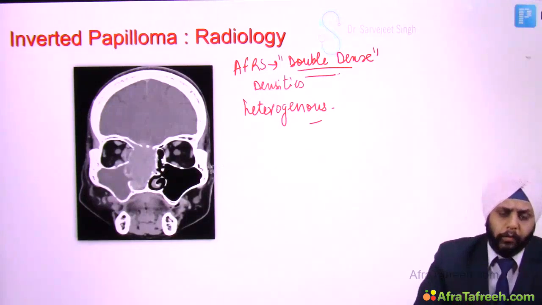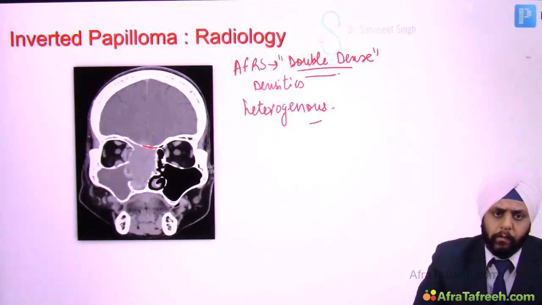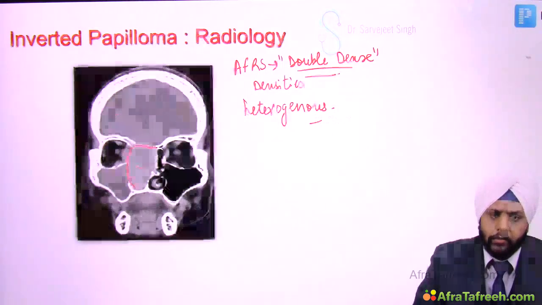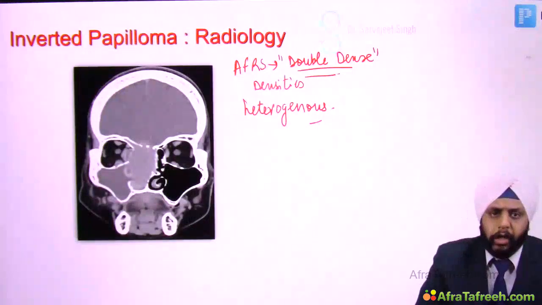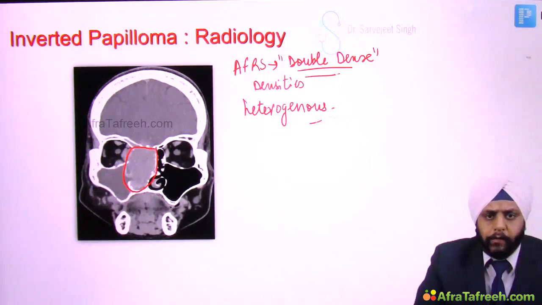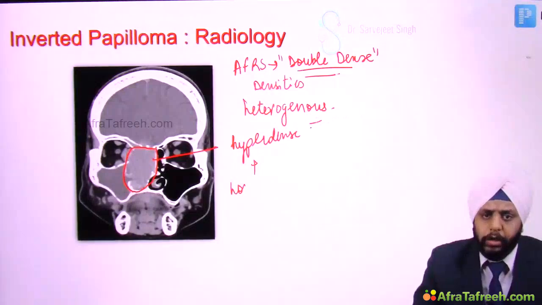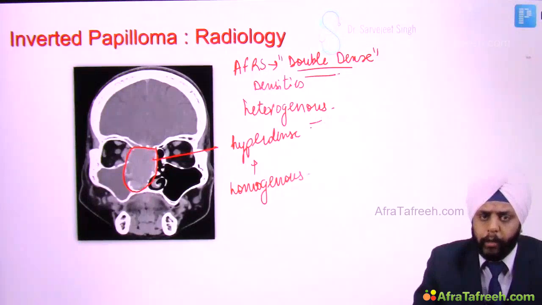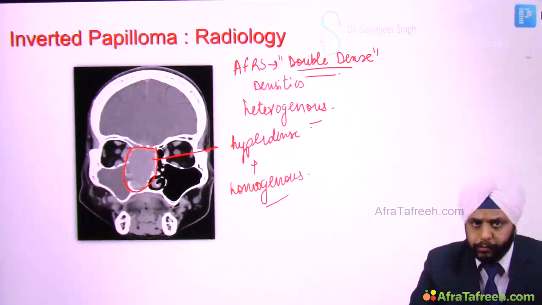But you look at the mass over here, you see this mass is isodense. Now when you look at this mass in case of inverted papilloma, you will see that this mass may be hyperdense because of contrast, but if you see, it is homogeneous in appearance. There is no separate density. It is homogeneous.